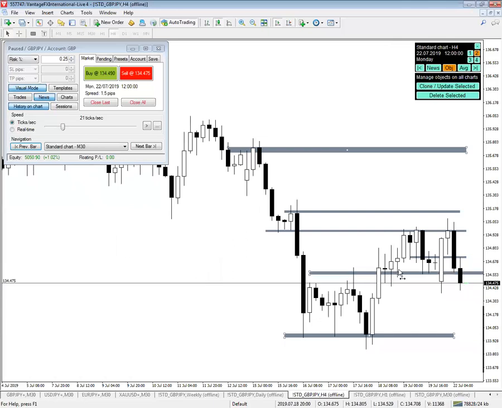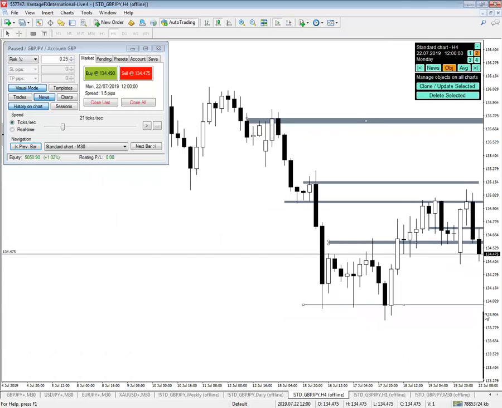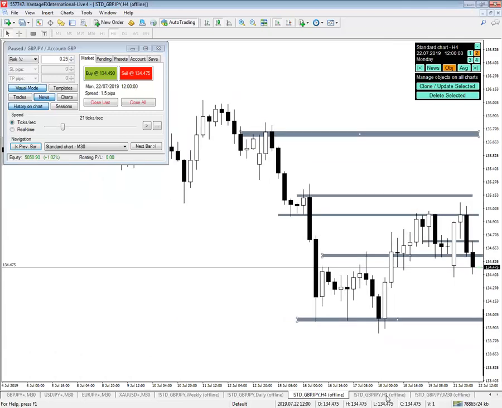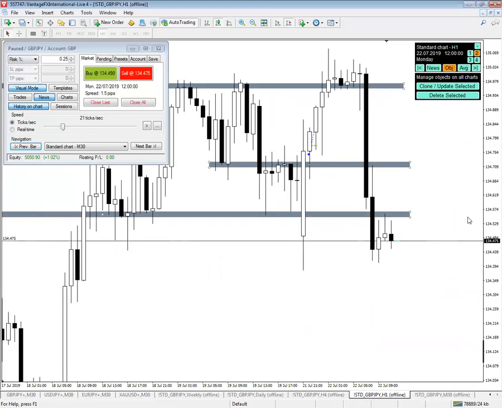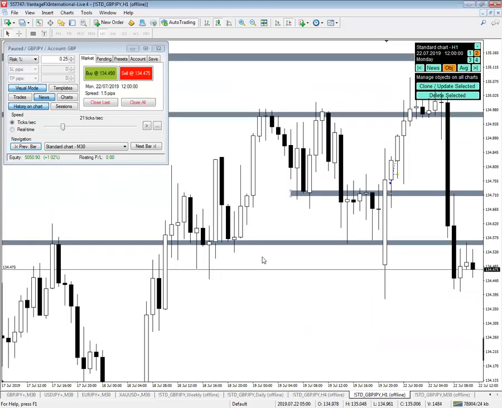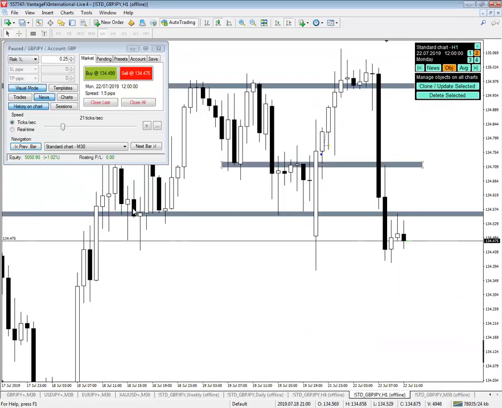So we may want to expect price to continue to the next 4 hour support area. 1 hour, see 1 hour is closing below this area that we've been talking about. So 1 hour is closing below this level, and it looks like it's trying to form a resistance here. At the same time, it also looks like we are respecting this area as well.